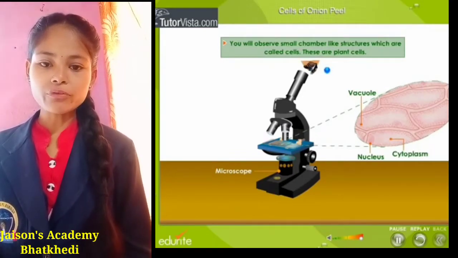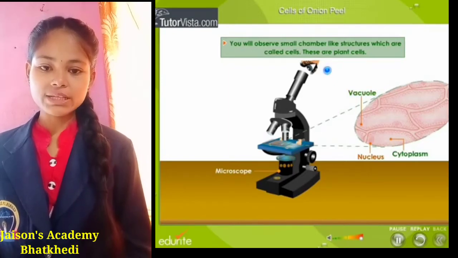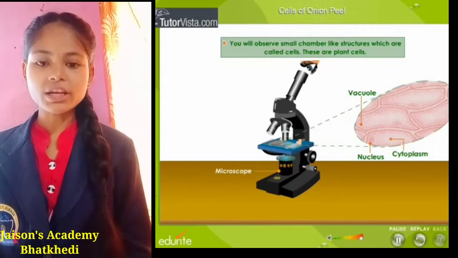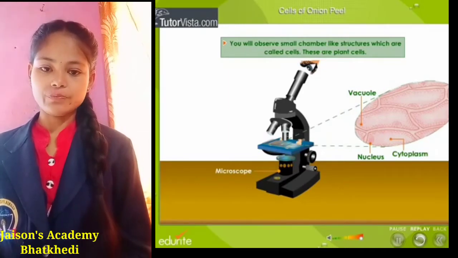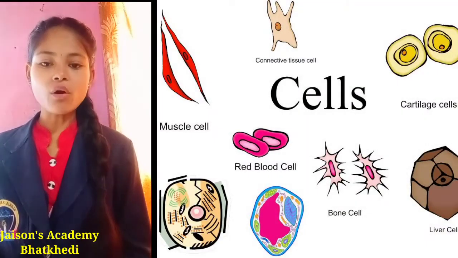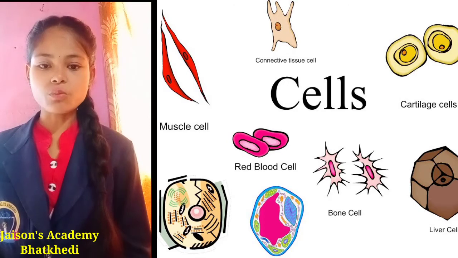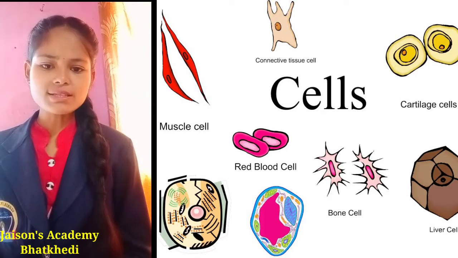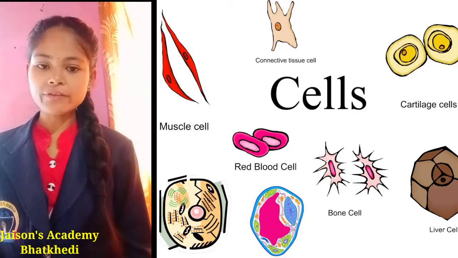Students, you know what we have observed here? We have seen here so many small chambers, and this one small chamber is called cell. And later on, the scientists found that all the living organisms' body is made up of these small units, that is called cell. Here, why the cell is called the fundamental unit of life, do you know?